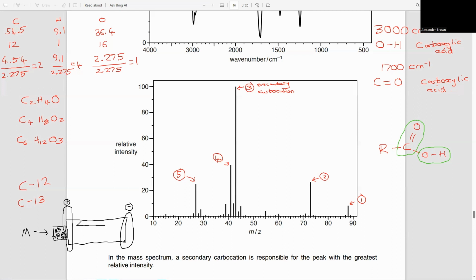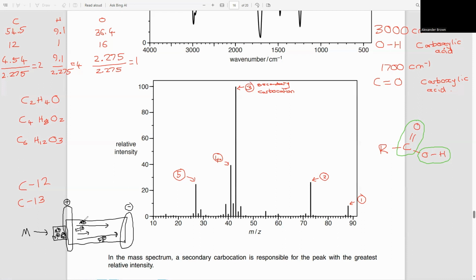So we have M plus racing against F1 and F2 plus. Now, M, which is the part of our sample that has survived the fragmentation process, is going to be the heaviest because it's not been fragmented at all.